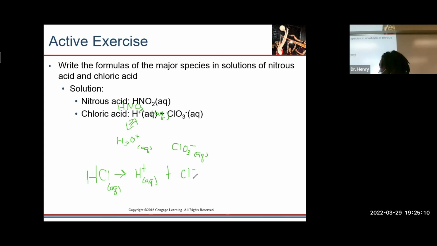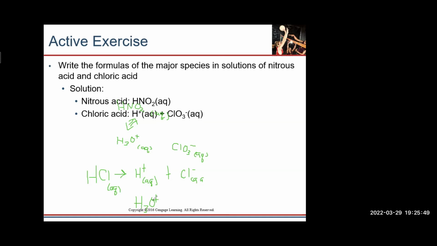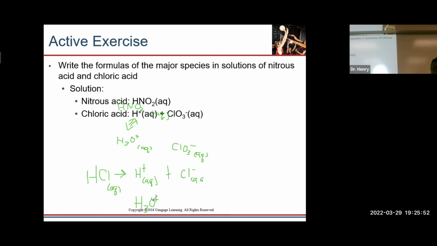That's easier than writing out what it really looks like, which is H3O plus, because that H plus binds to the water molecule. Since you have tons and tons of water molecules, you're not taking that into consideration in your chemical reaction. Does that make sense? Questions? No questions. Okay.